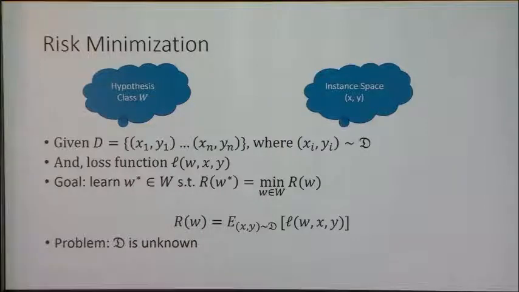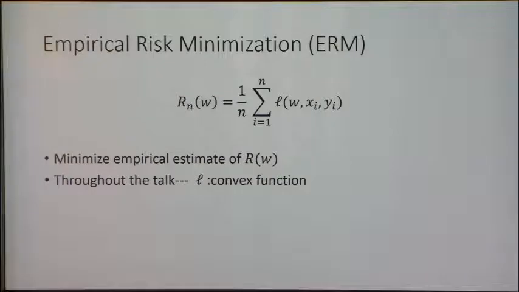I only have the training data. So I'll use my training samples as a proxy for the distribution. That is, rather than directly trying to minimize the risk, I'll compute my empirical risk and try to minimize that. So I have these training data points xi, yi, each coming IID from the distribution, and I'll try to minimize this average loss of my w over this set of training instances.